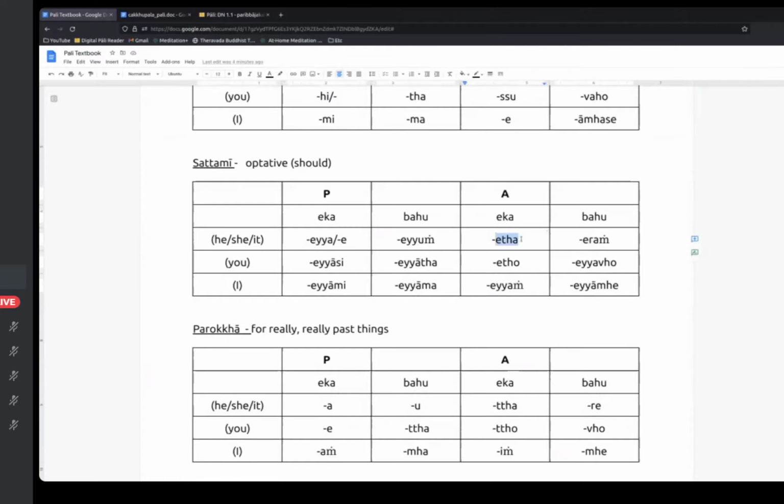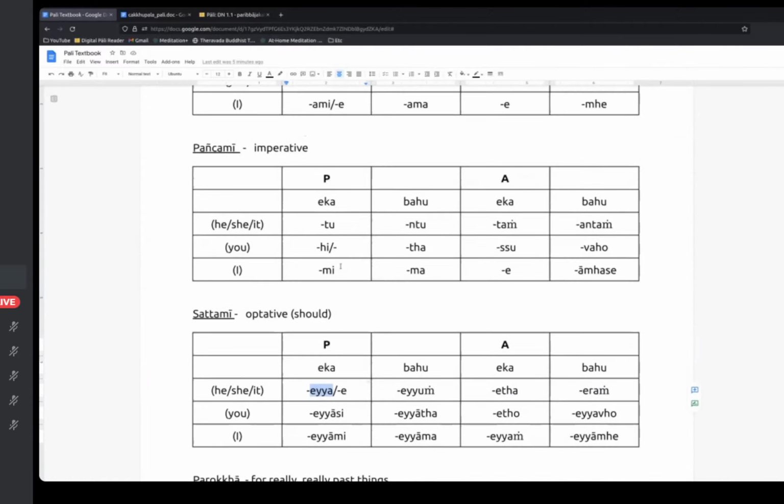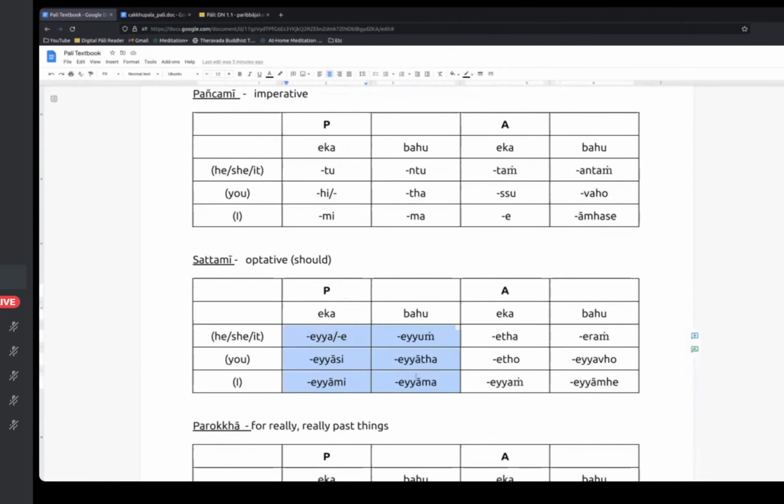Like this one, you'll often see for active speech. So even though this is supposed to be for passive, it's not. Eta, depending what form they use, is no different from eyya. And you should notice if you study these that the endings here are pretty much the endings here, except you add eyya. No, that's not quite true. These ones not, but these ones are.